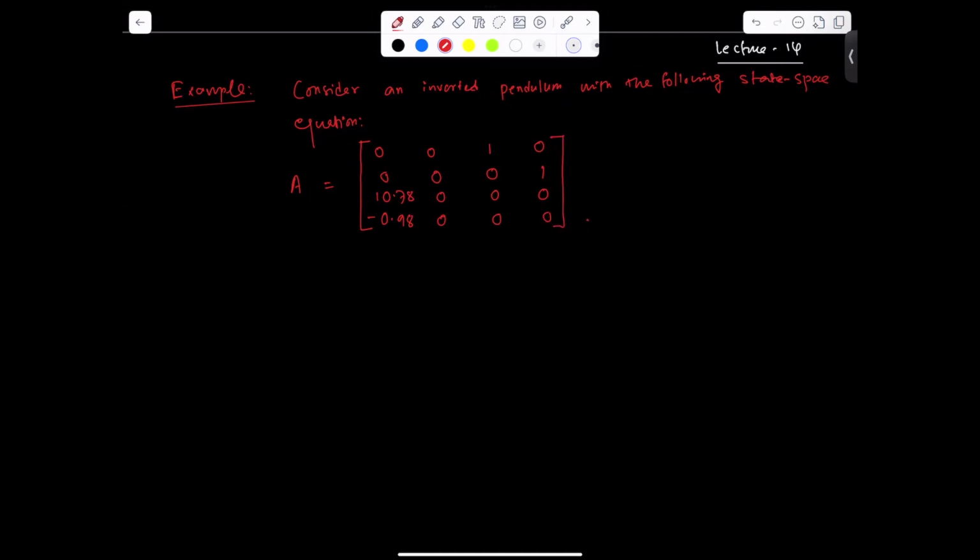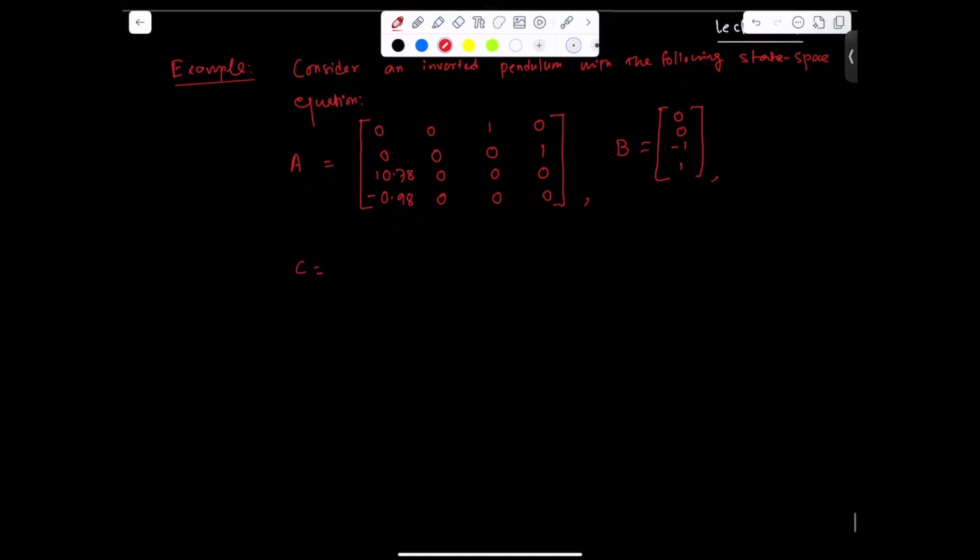This is the A matrix, and control matrix B is given as 0, 0, minus 1, 1. And C matrix is the output equation matrix, where the first row is 1, 0, 0, 0, and the second is 0, 1, 0, 0. And D matrix is given as 0, 0. So there is no feedthrough in the system.